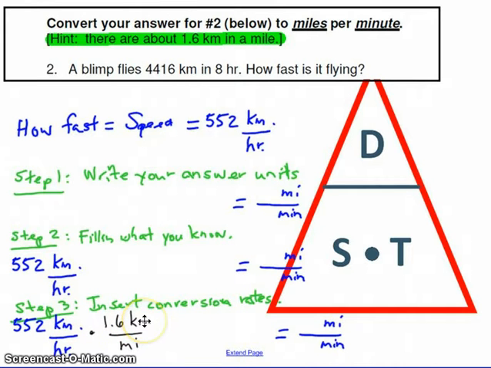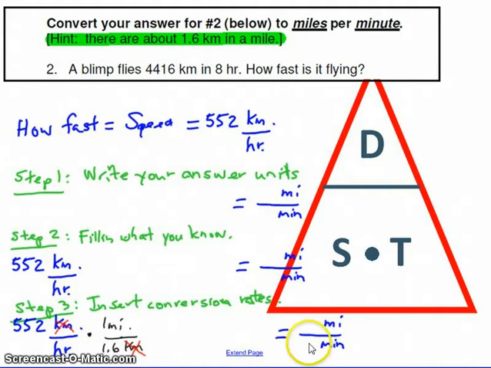They're not going to cancel. That's not going to help me turn it into miles. Miles is on the bottom here, and I wanted miles on the top. So the problem here is my conversion rate is upside down. I can always flip a conversion rate if I need to, and so I do. I put 1 mile on the top, 1.6 kilometers on the bottom instead of the way it was written here, but that's okay, because now kilometers cancel and I have miles on the top, which is exactly what I wanted.